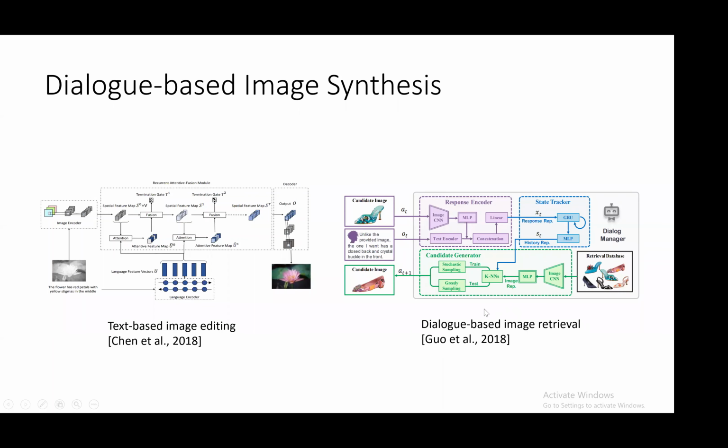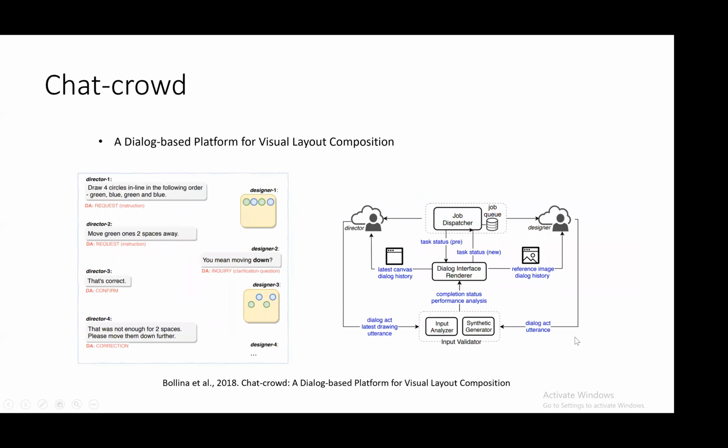Basically, in each dialogue turn, you get feedback from the users, and you retrieve one or the top images based on the feedback. So the question is, can we do similar stuff to dialogue-based image retrieval, but instead of doing retrieval, do generation?